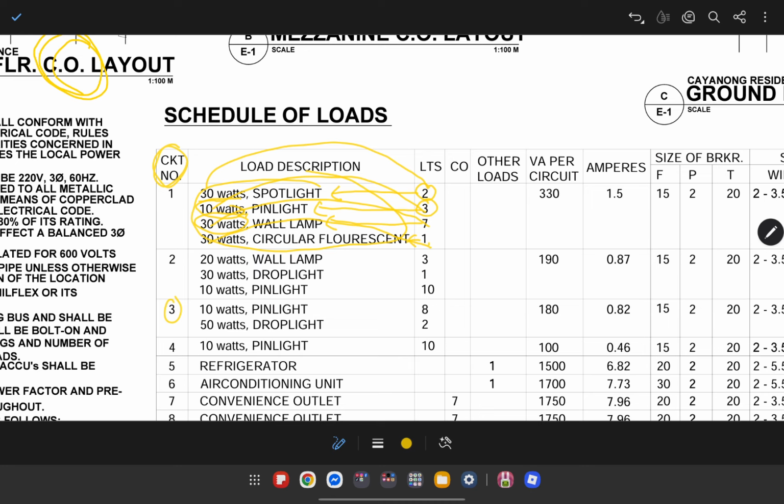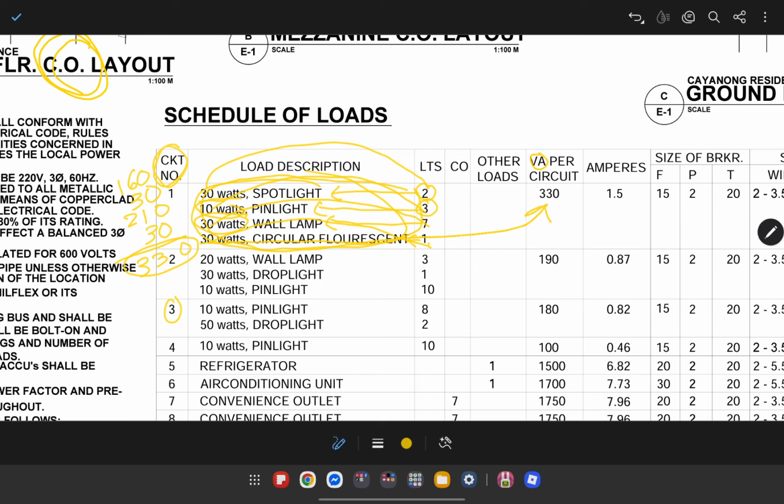And after that, you'll just have to add everything. So 30 times 2 would be 60. 10 times 3 would be 30. 30 times 7 would be 210. And lastly, 30 times 1 would be 30 still. If you sum it all up, that would give you 330. It means that circuit number 1 basically has 330 watts.